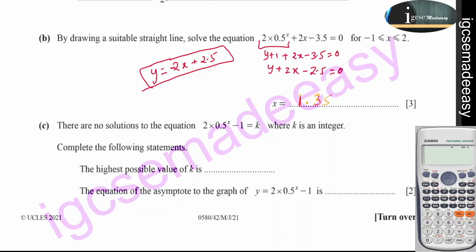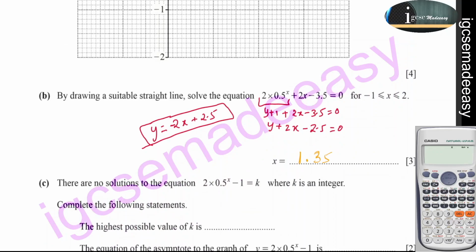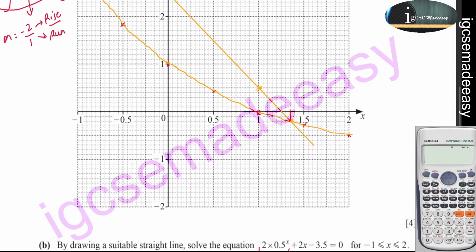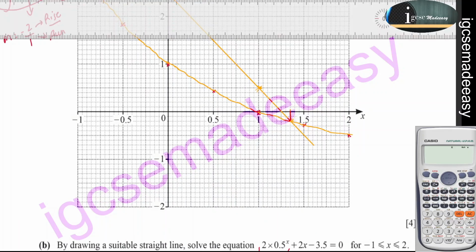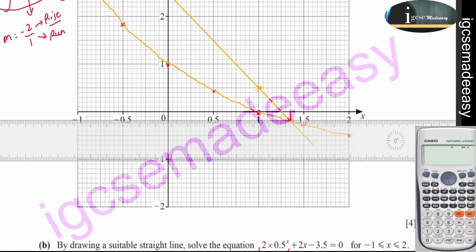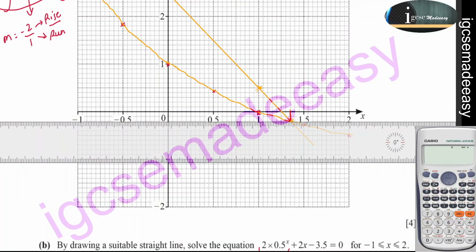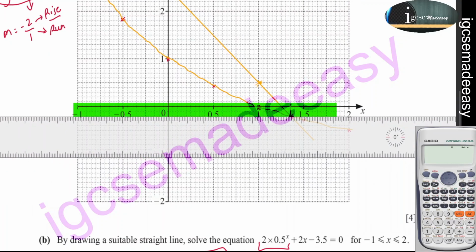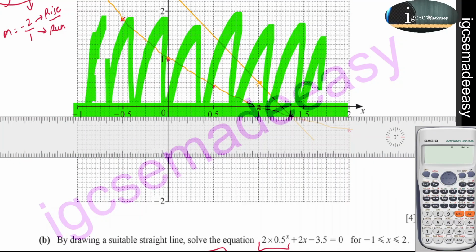Part C: there is no solution to the equation of this where k is an integer. So you should know that above this range there will be a solution, right?